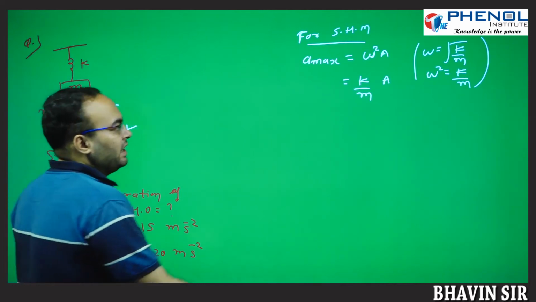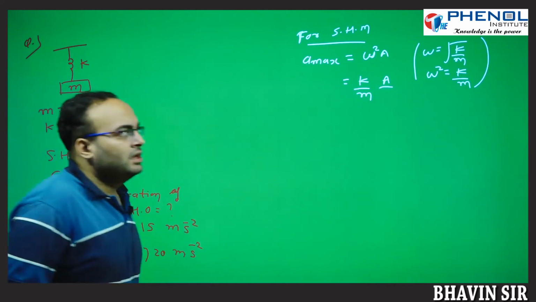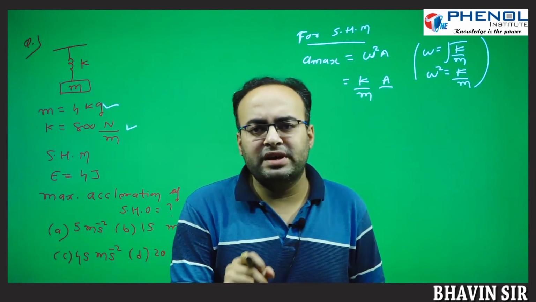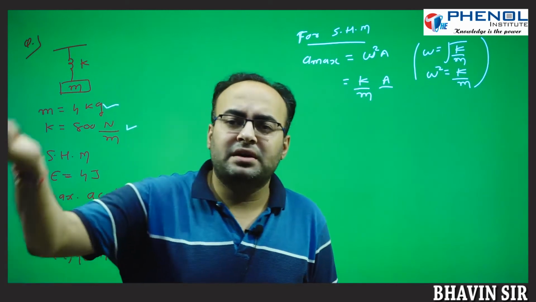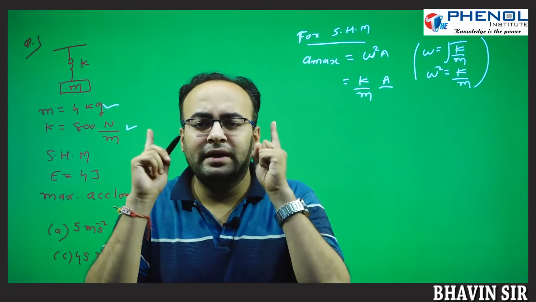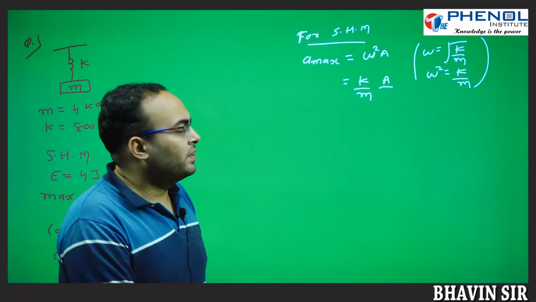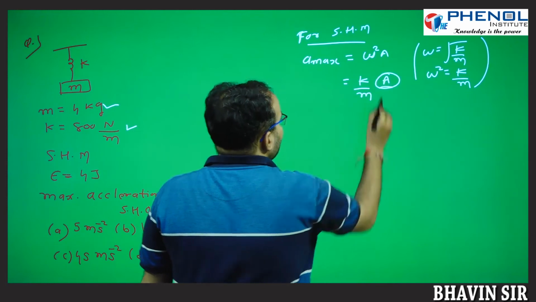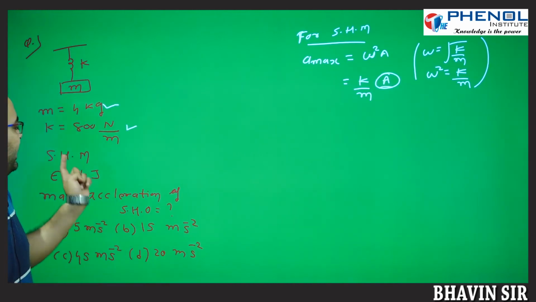What is the formula of acceleration? Minus omega square x. But for maximum acceleration, the formula is omega square A. So A is missing, students.